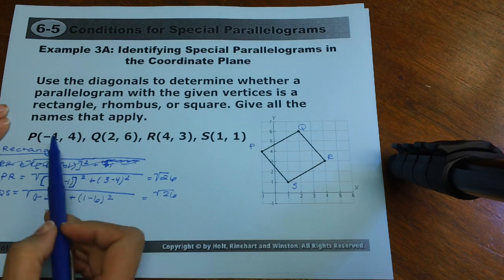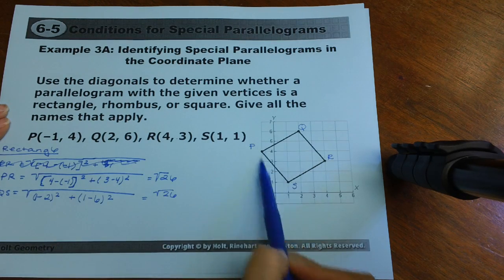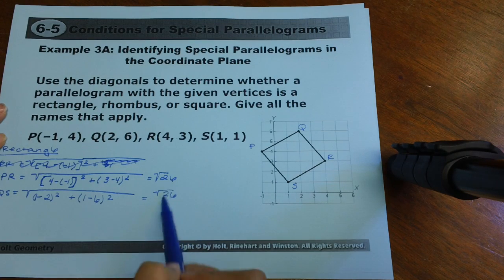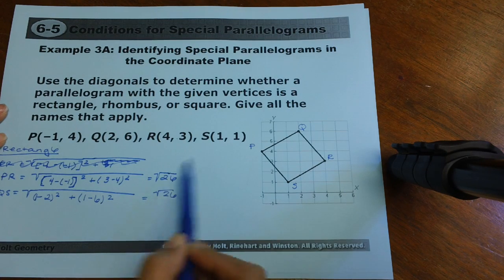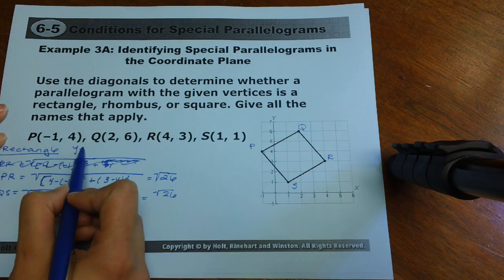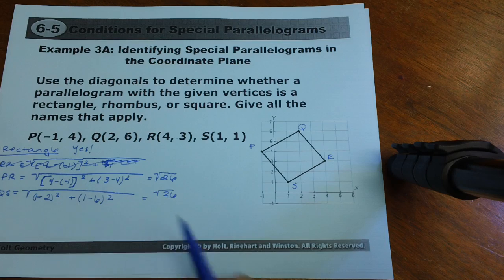And again, these points came from those ordered pairs that we graphed in that section. So because both of them ended up having congruent diagonals, then we can say that yes, it is a rectangle.